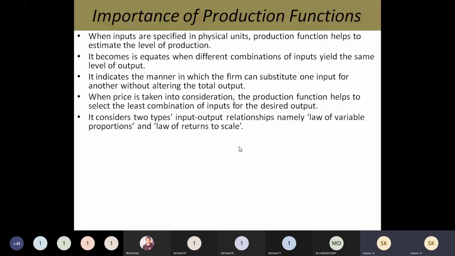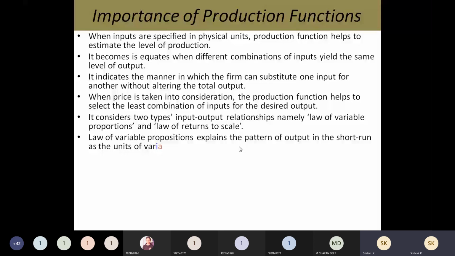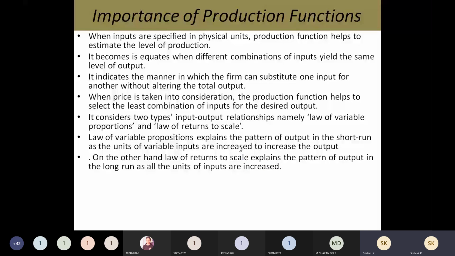The law of variable proportions and the law of returns to scale can both be called input-output relationships. The law of variable proportions explains how the output changes in the short run, as I said, how the output increases with the input.